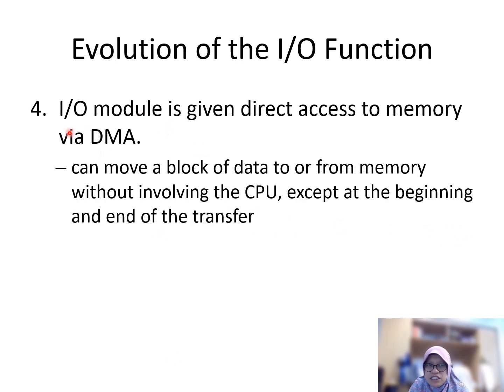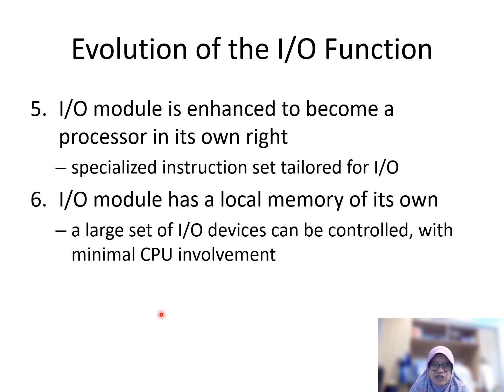The fourth evolution is that the I/O module is given direct access to the memory via the DMA. It can now move a block of data to and from memory without involving the CPU, except at the beginning and end of the transfer.